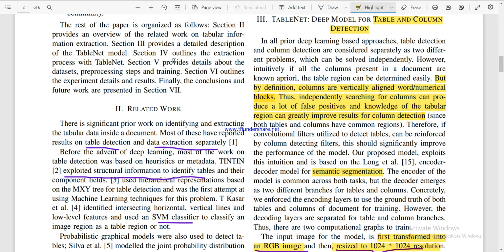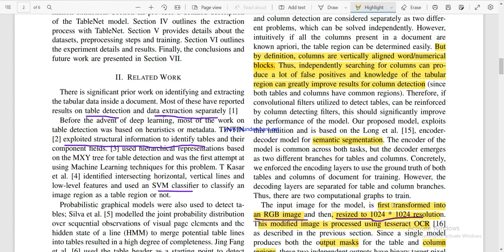They have used this model for semantic segmentation. As previously we have seen, they are doing semantic segmentation for column and table detection so that performance will improve. Here the encoder of the model is common across both tasks, but the decoder emerges as two different branches for table and column.